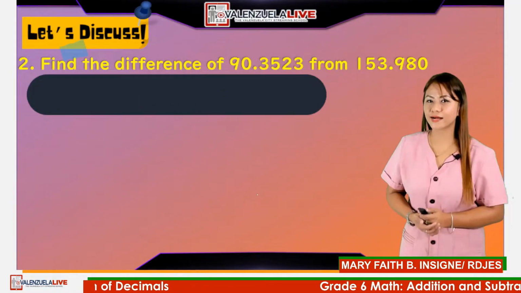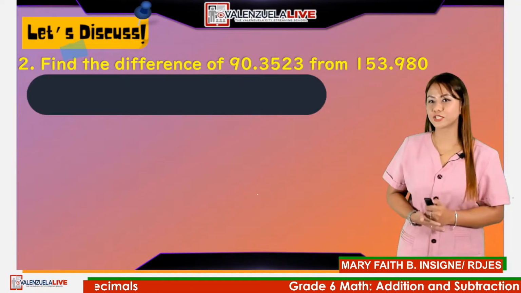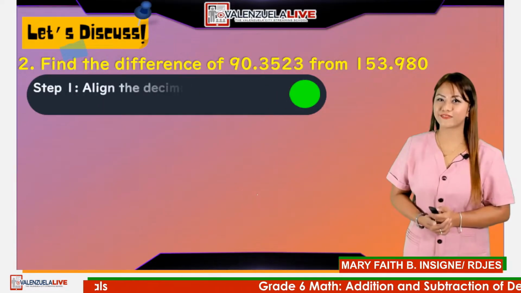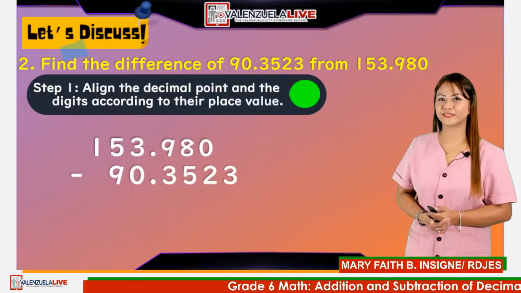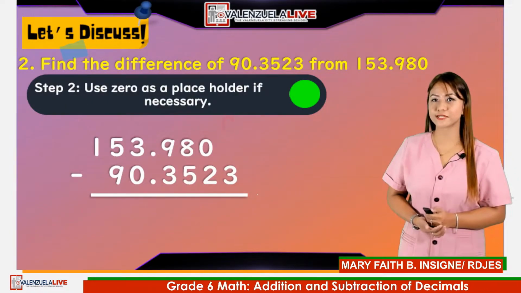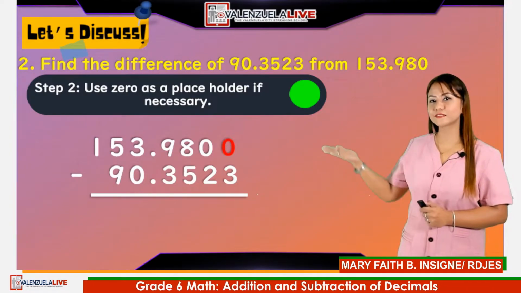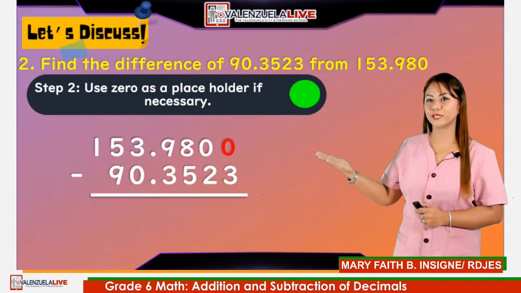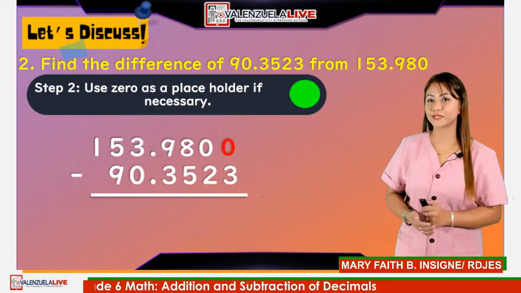Step 1, align the decimal point and digits according to their place value. Step 2, use 0 as a placeholder if necessary. In this case, the decimals in this problem do not have the same number of decimal digits.